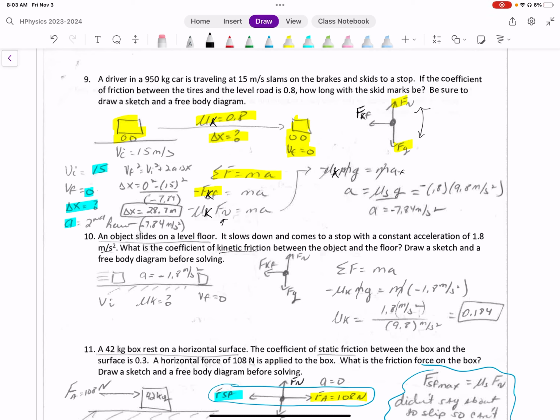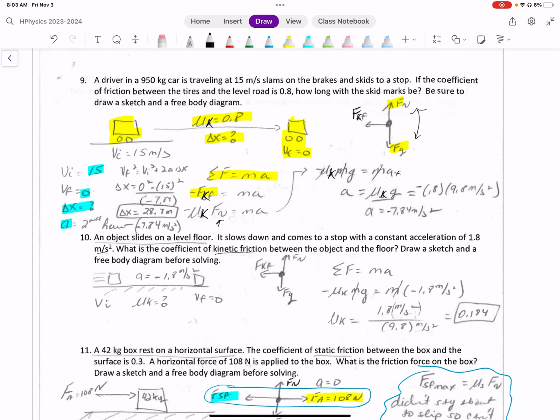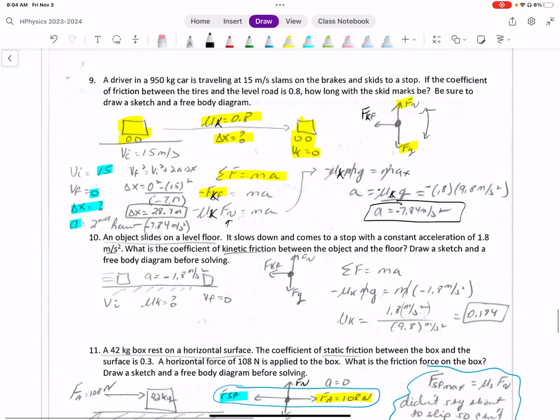Masses cancel, and then we have an equation for acceleration. Acceleration is negative mu sub k times little g. So there's a negative 0.8 times 9.8, and I will find acceleration to be negative 7.84.